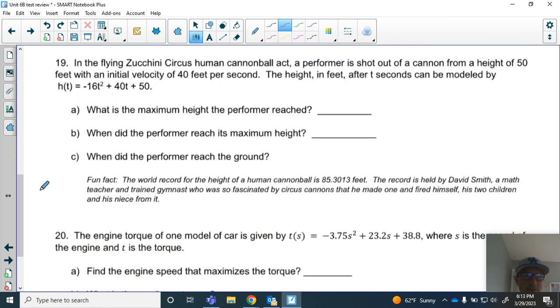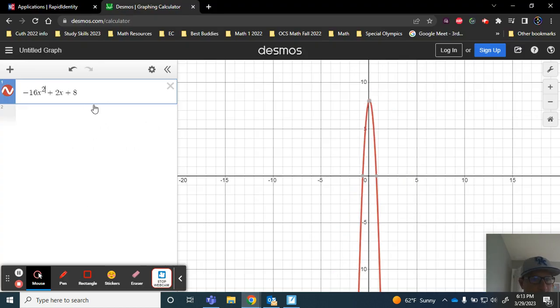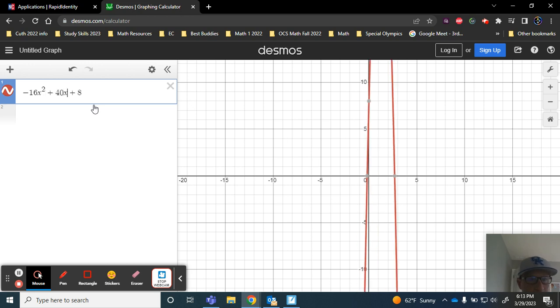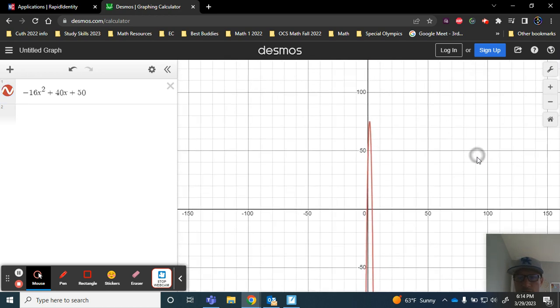All right, numbers 19 and 20. We can use Desmos with these. 16, 40, 50. Let me get that into Desmos. So let's see what we can do here to answer these questions.